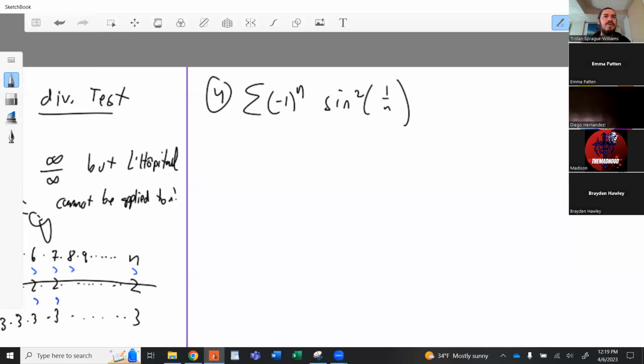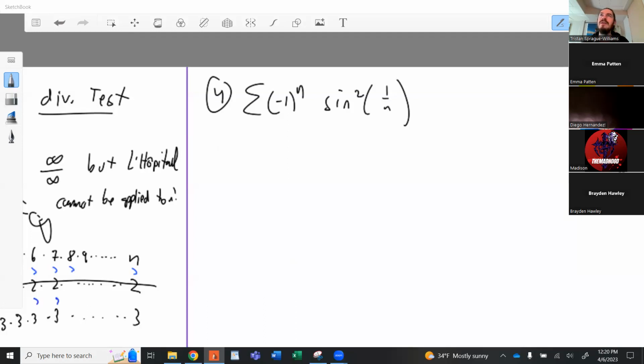Oh, I just want to comment. I just noticed something you had said earlier that I don't think I noticed. N to the power n is something that we will study soon. We'll be looking at n to the power n in about 20 minutes, I think, when we do the ratio test.